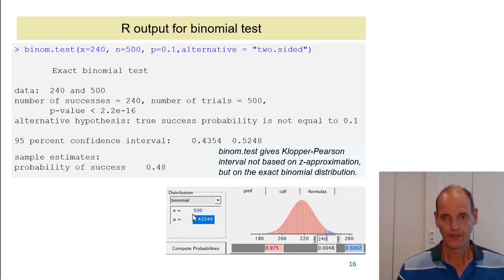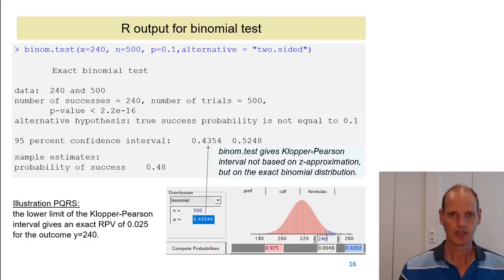So if we would test this probability, we would get exactly a p-value of 5%. So that's where this limit 0.4354 comes from. And likewise, if we tested 0.5248, then the one-tailed p-value would be exactly 0.025.